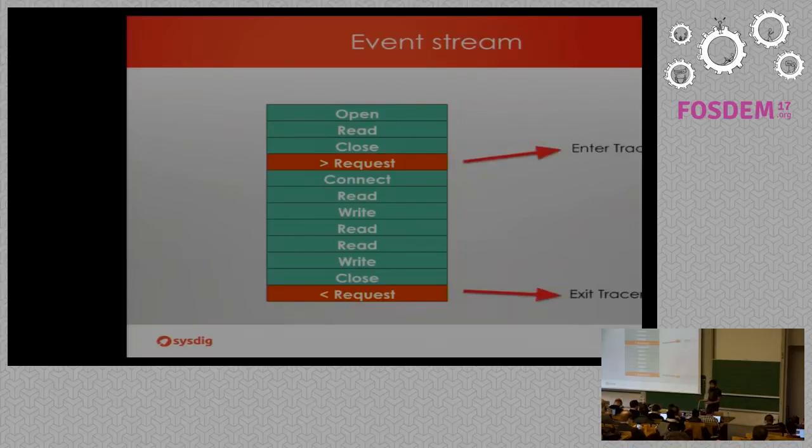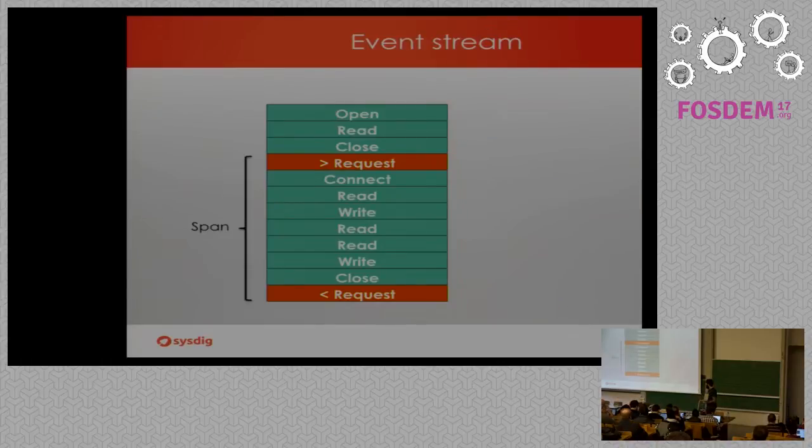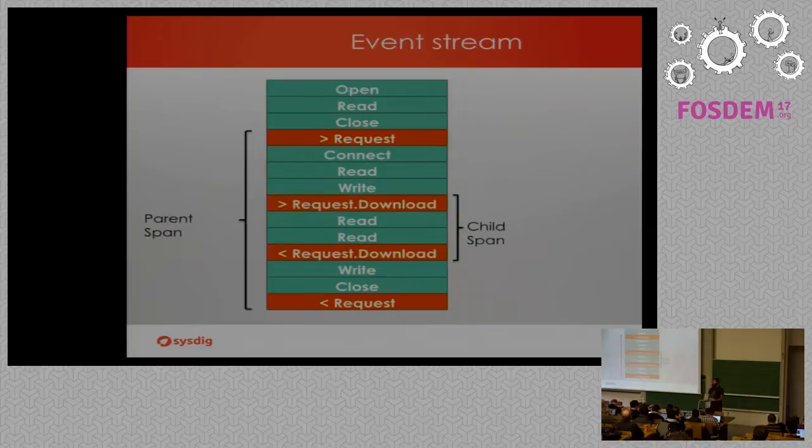If you notice, the symbol just before the trace is useful to understand if it's an entry or an exit. This is the span. And we can obviously have a tree of different spans, a nested structure, to measure different things.